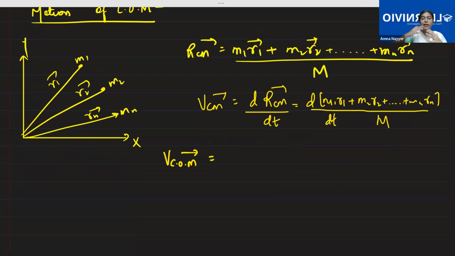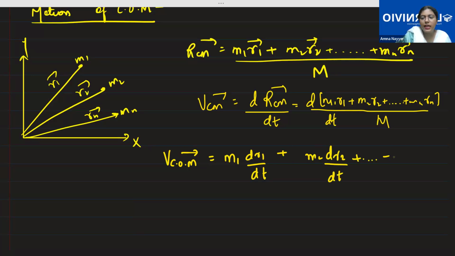It's not that masses are getting changed with respect to position or speed. So what you do, mass will come out: m1 dr1 over dt plus m2 dr2 over dt, like this carried forward till mn drn over dt, this whole thing divided by the total mass.